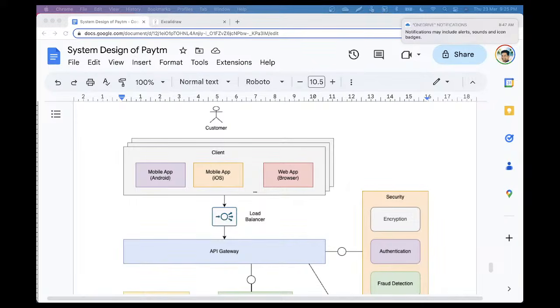Yeah, you basically need consistent hashing to be used, because you'll not have one API gateway, you should have a couple of API gateways to route that information.